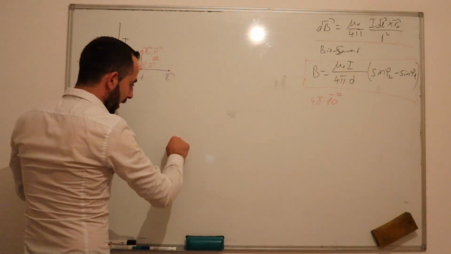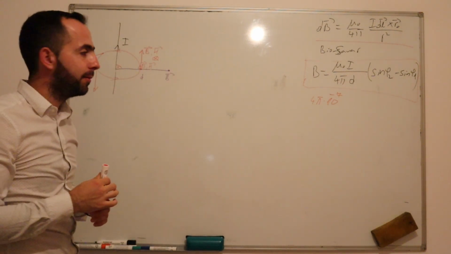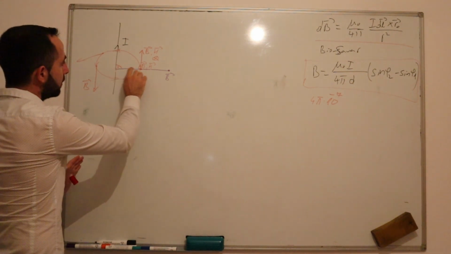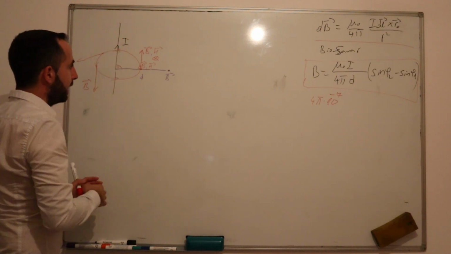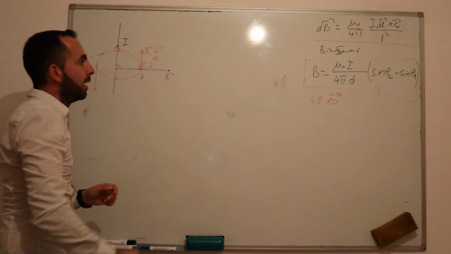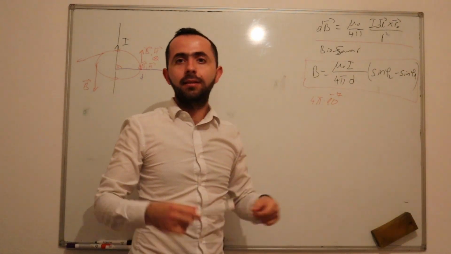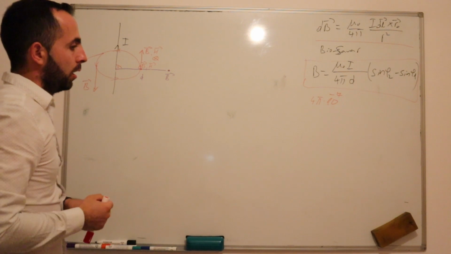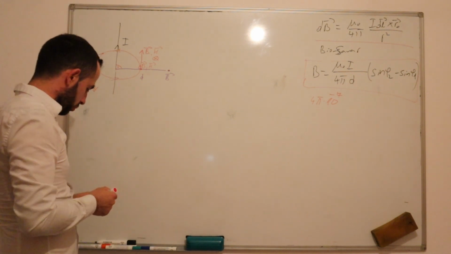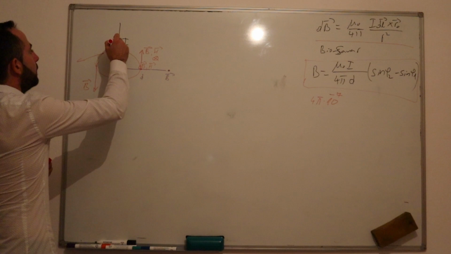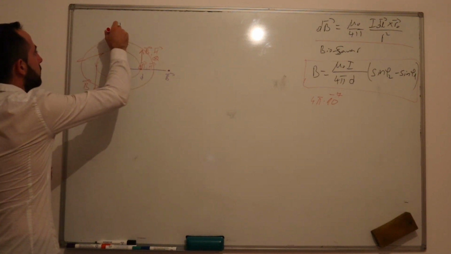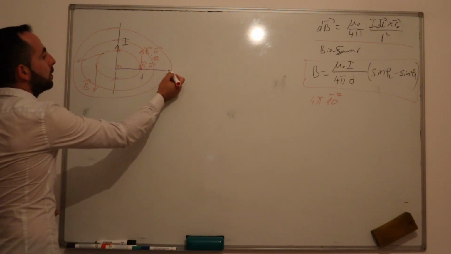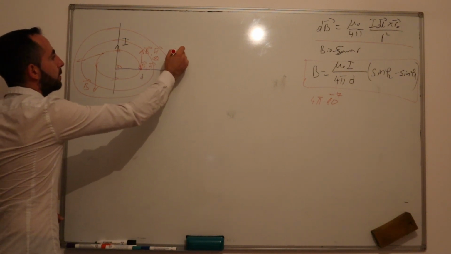So whenever we have a point in which we need to calculate a magnetic field, first we must draw a normal line to our conductor, and that normal line presents this d, the distance from our conductor. So here the magnetic field lines are concentric circles, and depending on where we need to calculate them, we will draw that magnetic field.